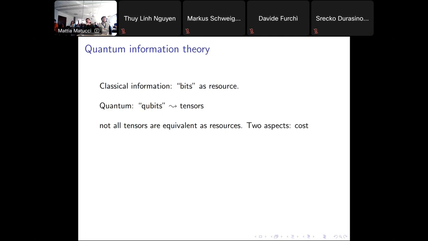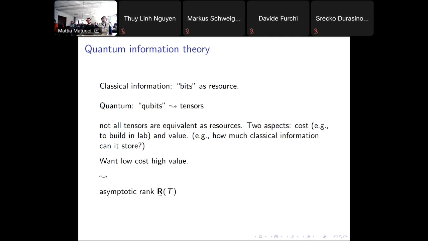So there are two aspects: the cost, which is how much it costs to build in a lab, how much energy you have to use to construct your tensor, and value: how much classical information can it store, for example? And we want low cost and high value. That exactly turns into asymptotic rank, which tells us the cost, because we want to build not just one copy but many copies of our tensor, and asymptotic subrank, which tells us our value.